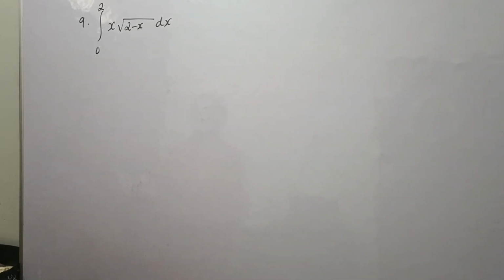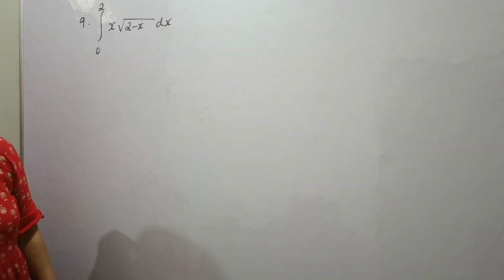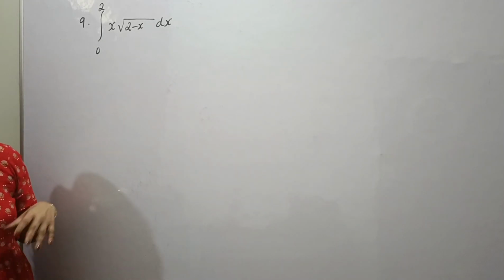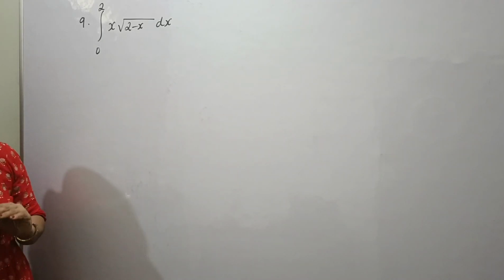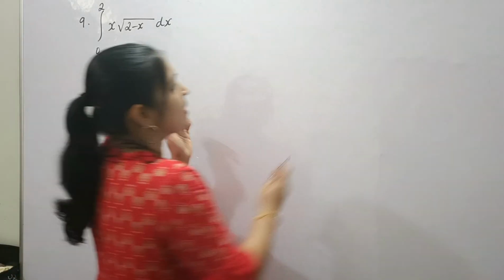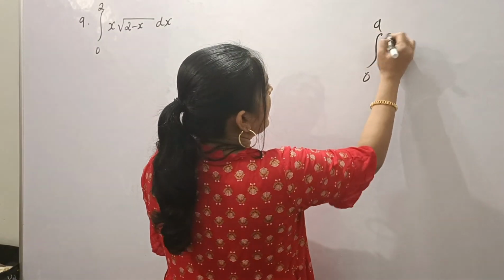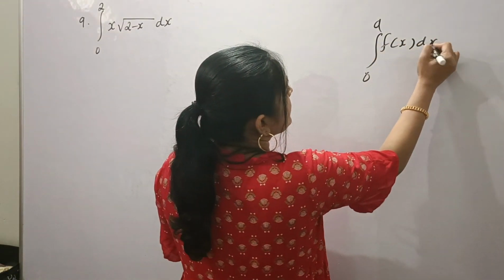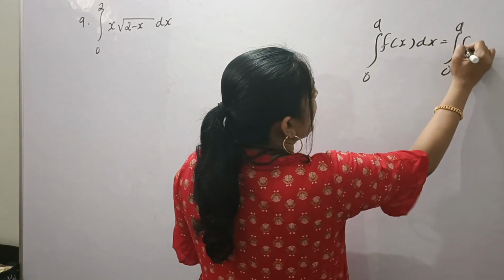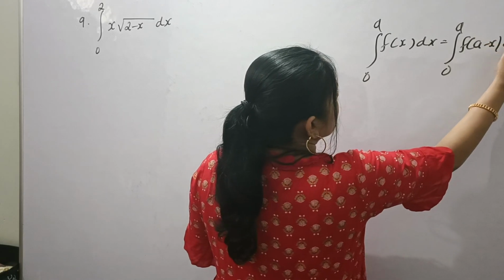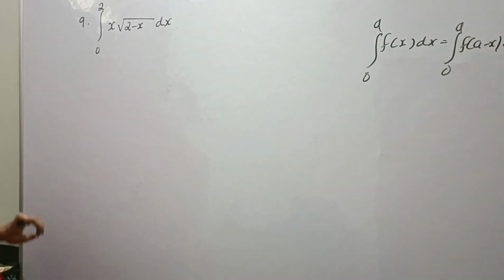Integral 0 to 2 x into root of 2 minus x dx. So here also the given definite integral is of the form integral 0 to a f of x dx, that is equal to integral 0 to a f of a minus x dx. Let's apply this property.